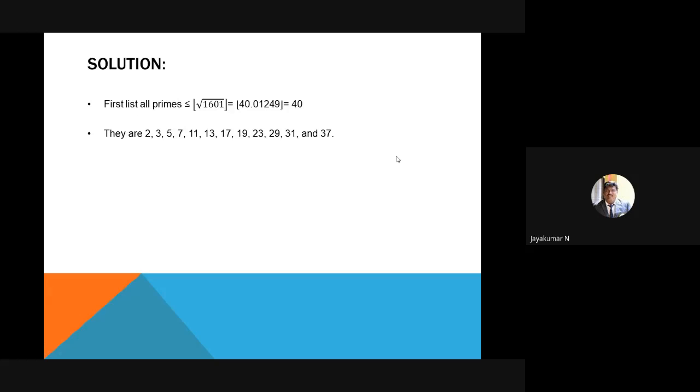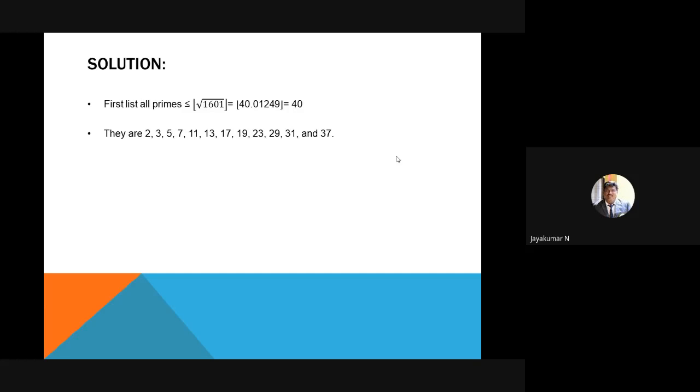Anyone reply me whether these prime numbers divide the given number 1601. I have to check the primes less than or equal to 40. Anyone find the answer? Please reply.